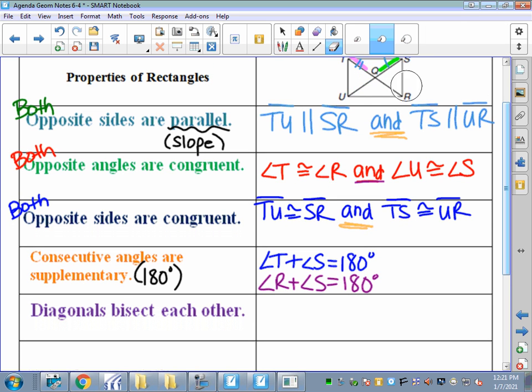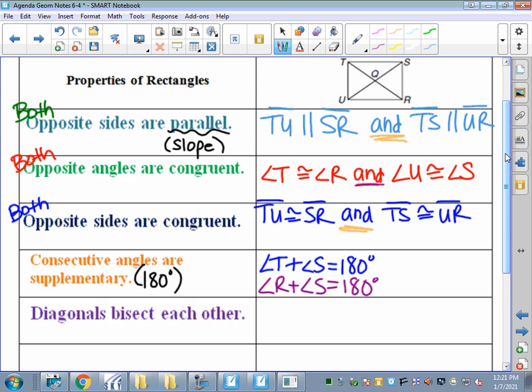So I could say that TQ is congruent to QR, the 2 pieces of the diagonal. And for the other diagonal, the 2 pieces, UQ has to be congruent to QS. It's an and. Both of those things must be true. The diagonals have to bisect each other.